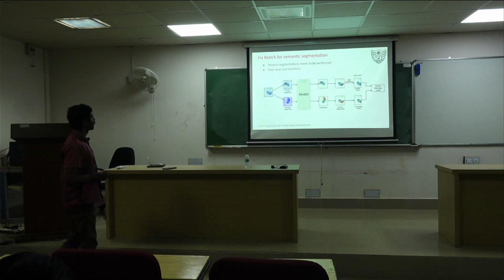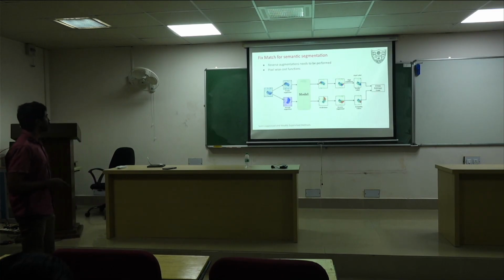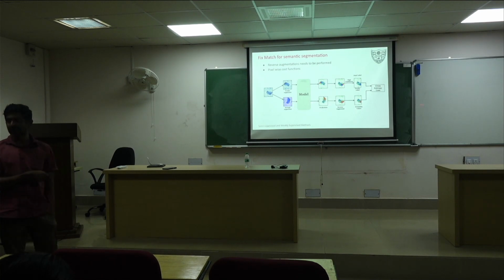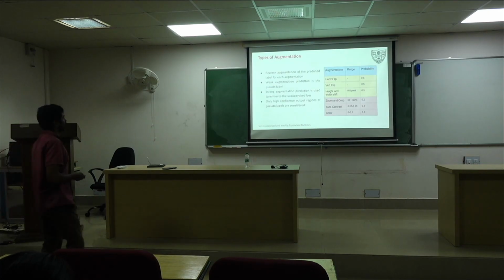I've labeled it wrongly. So you have two images. Again we have to reverse all the augmentations before getting into this loss computation. So this is the weakly augmented picture and this is the strongly augmented picture, and you do this. Of course, this is only the fixed match part. You also train it with the supervised data.